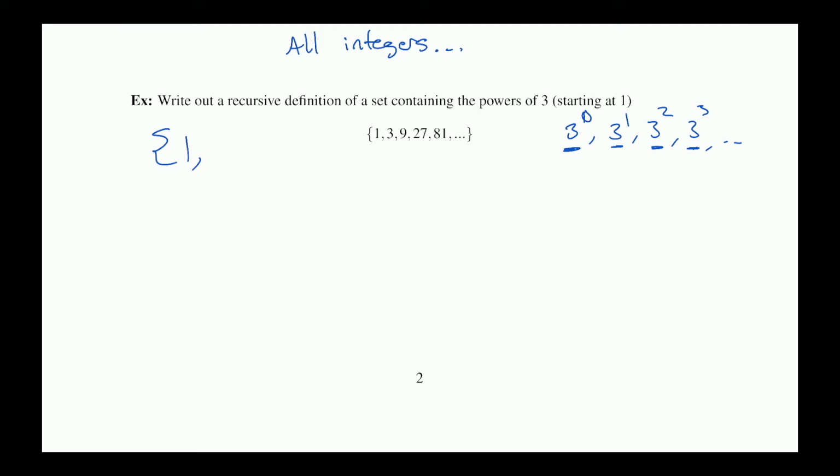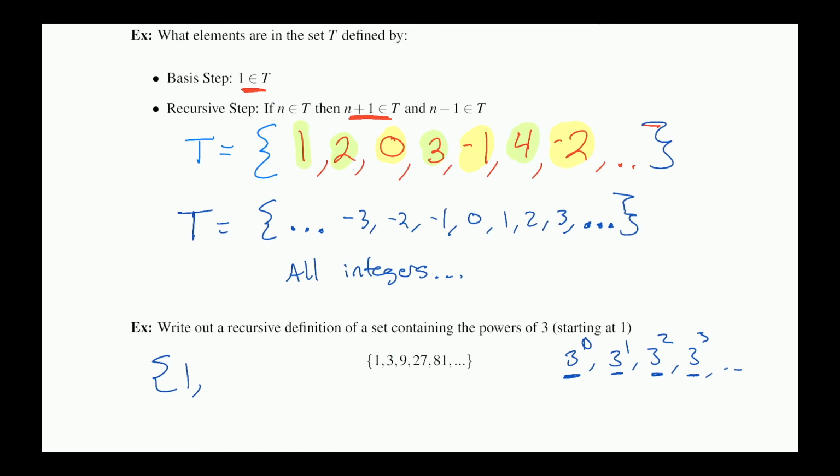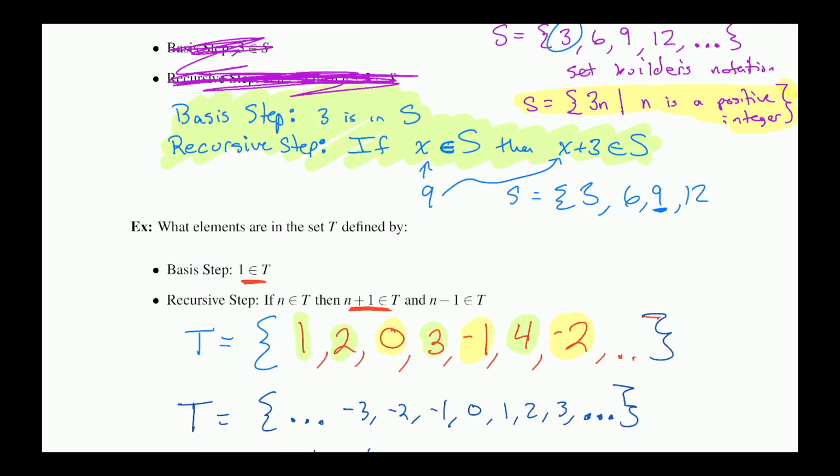Right? And you could think, well, based on what we saw up here, n plus 1 was going to go 1, 2, 3, 4. And here we had x plus 3, which was going to go 3, 6, 9, 12, count up by 3s.